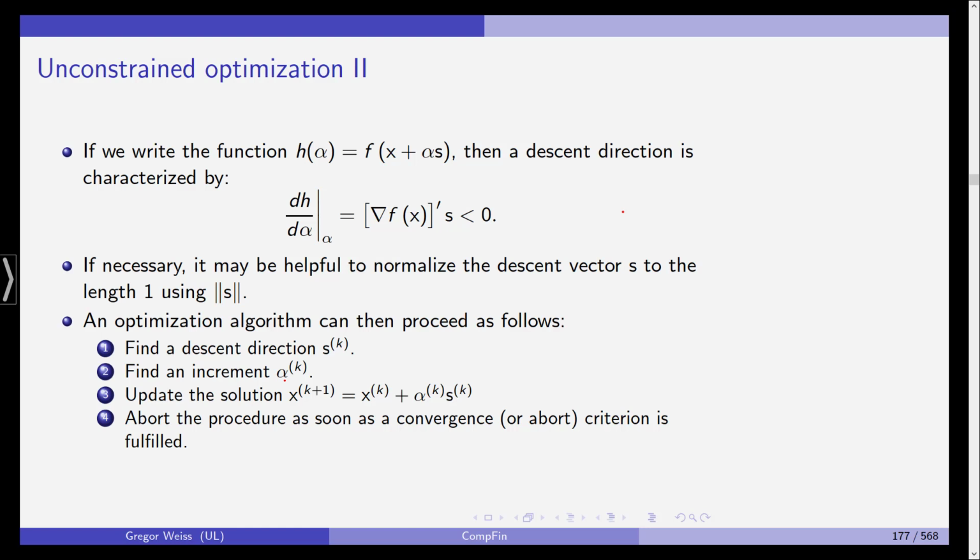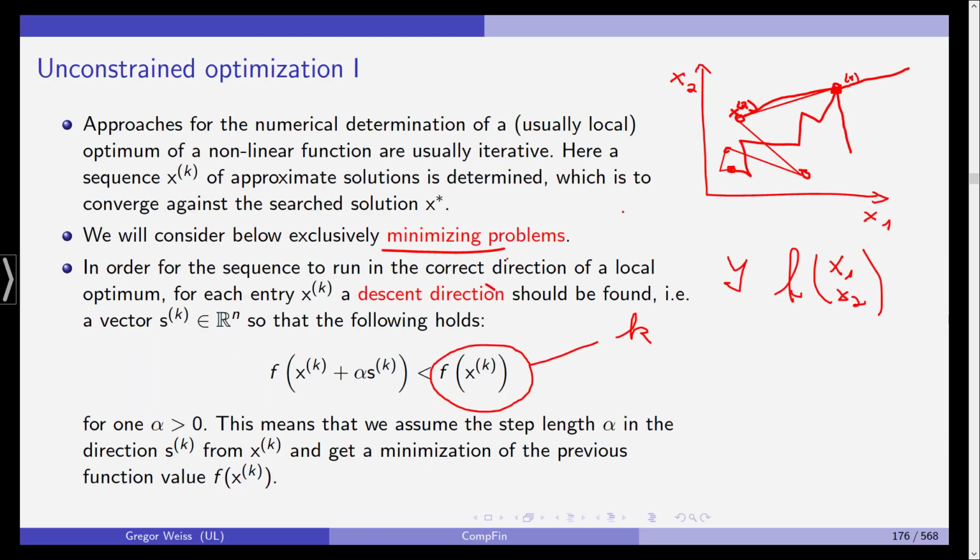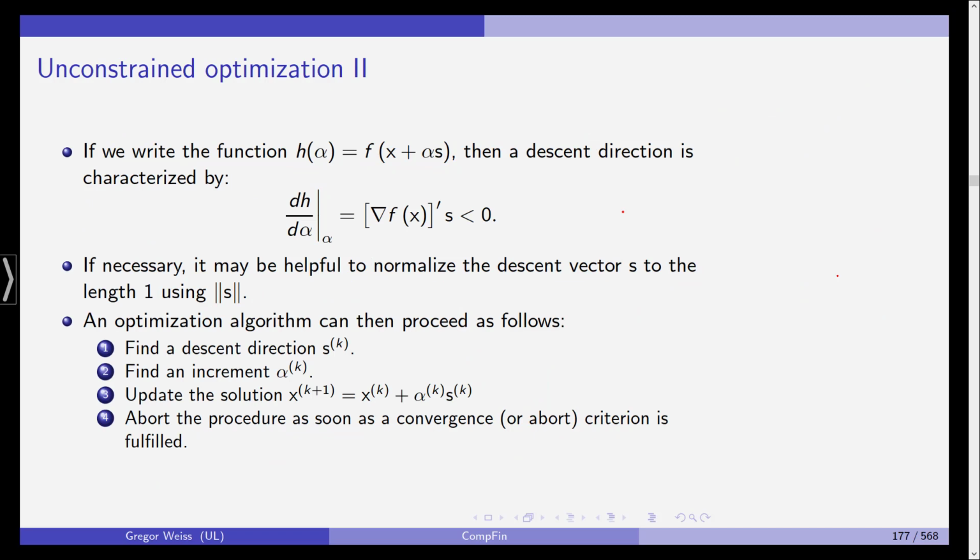You update the solution and you abort the whole procedure as soon as you have convergence or any abort criterion is fulfilled. A worst case scenario would be moving in circles: you're not converging and not really able to minimize your function. In this case, you could simply abort the optimization.